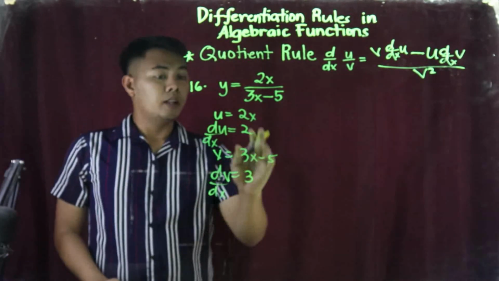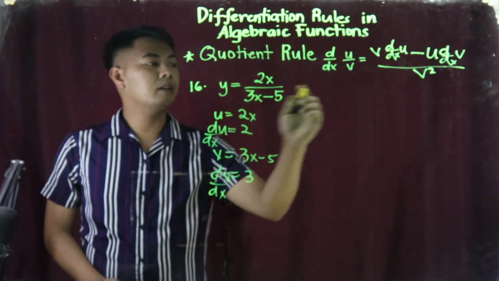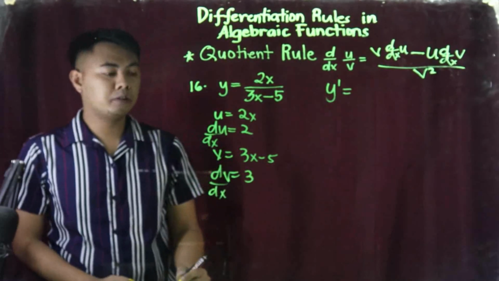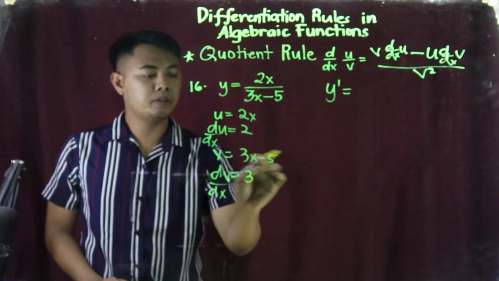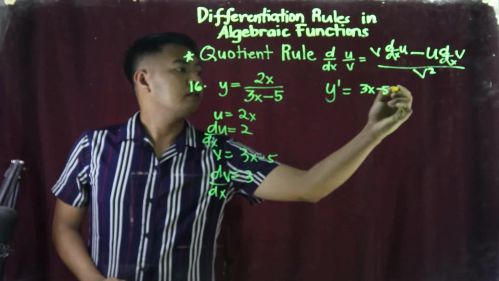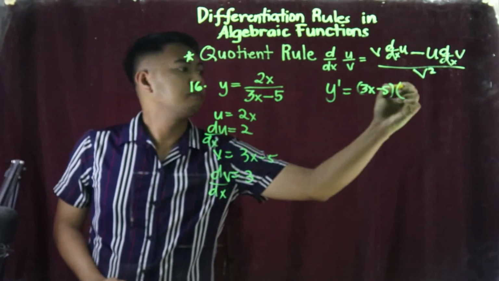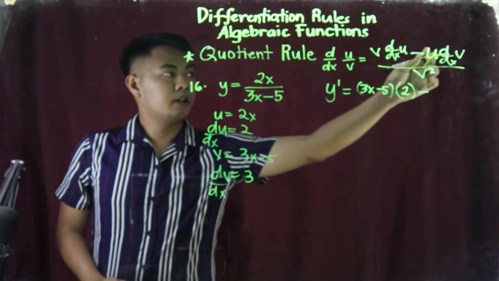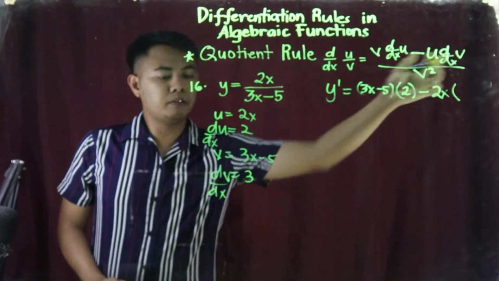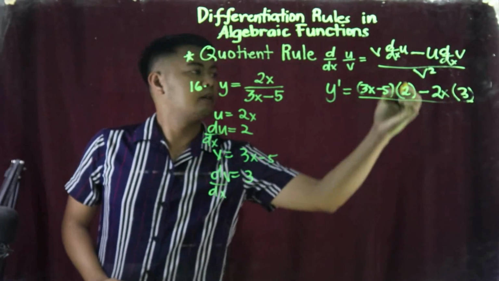Next, let's use this in the formula. So this is our y. The derivative of y, y prime, is equal to copy v, which is 3x minus 5, times the derivative of u, 2, minus copy u, 2x, times the derivative of v, 3, all over v squared.